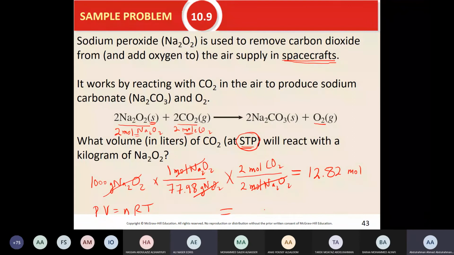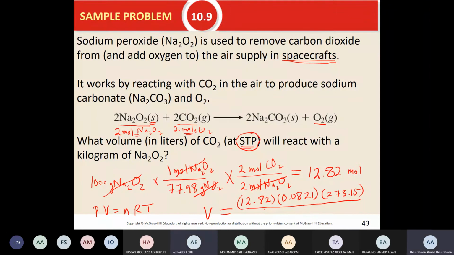Yes, you can. For liter, I want volume. Volume is equal to the number of moles, which is 12.82, times the constant 0.0821, times temperature, 273.15, divided by pressure, which is 1. Give me the answer quickly. It should be the same answer. Yes, it's the same answer.